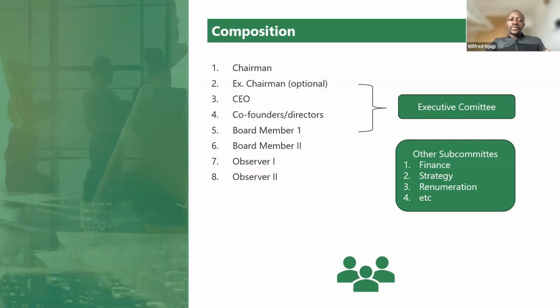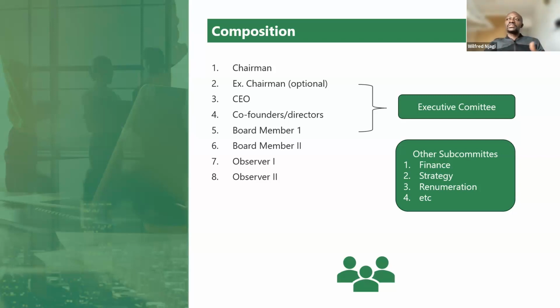In addition to board members, up to number 6, we also have observers, right? So you find that some investors, when they put money in your company, they'll want a board seat. And if you already have a bloated board, let's say you already have a 9-member board, it doesn't make sense to add a 10th and an 11th board member. So at that point, you say, okay, I can't give you a board seat, but I can give you an observer seat.